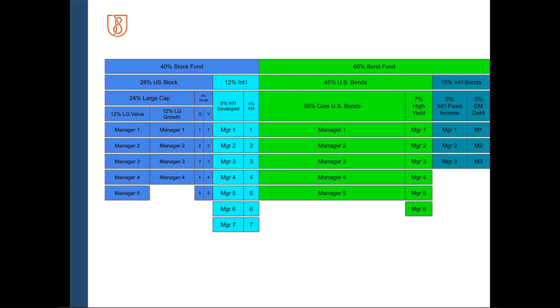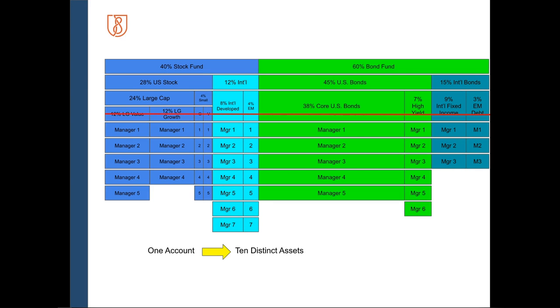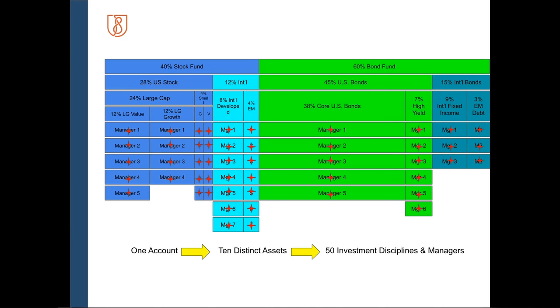Now, by following this logic, and for going after what we think is the most responsible way to look at diversification of a portfolio, you can see how one account for one of our clients might have, in this example, 10 distinct asset classes across this red line. And under those 10 distinct asset classes, you might have 50 different disciplines and 50 different managers.